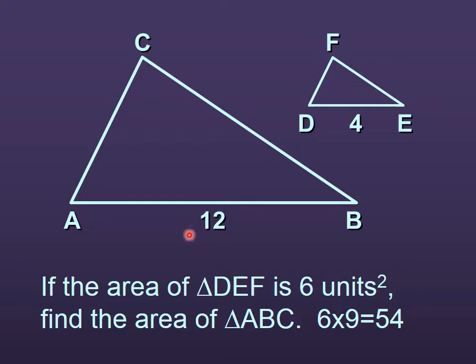But remember, if we want the ratio of the areas, we have to square the ratio of the sides. So 3 squared is 9. To find the area of this bigger triangle, we multiply the area of the smaller triangle by 9. The area of the smaller triangle was 6, so 6 times 9 is 54, which means the area of this larger triangle is 54.